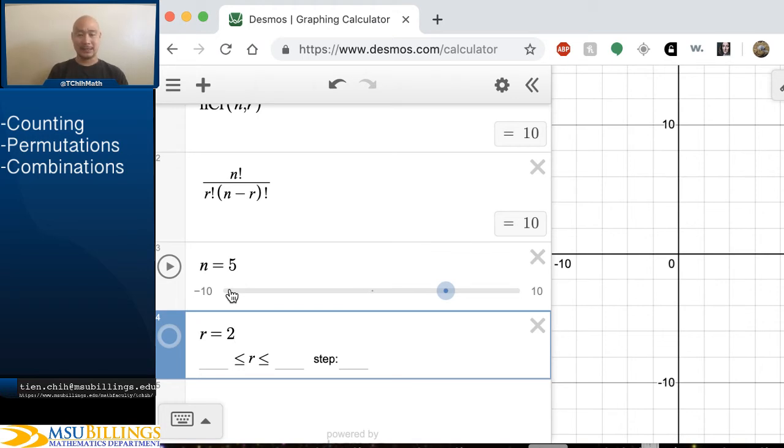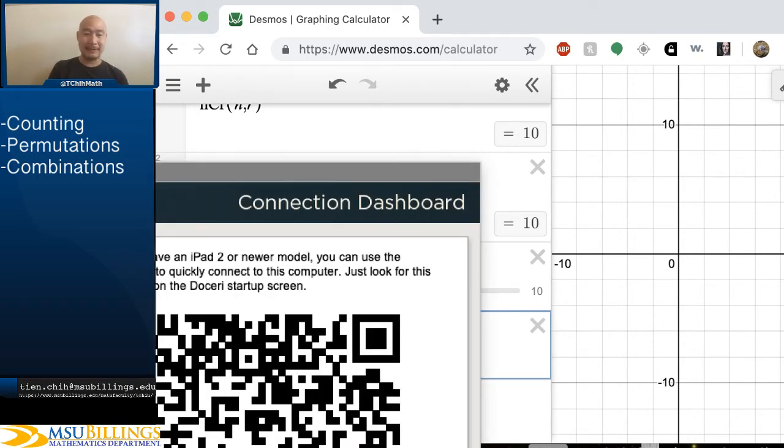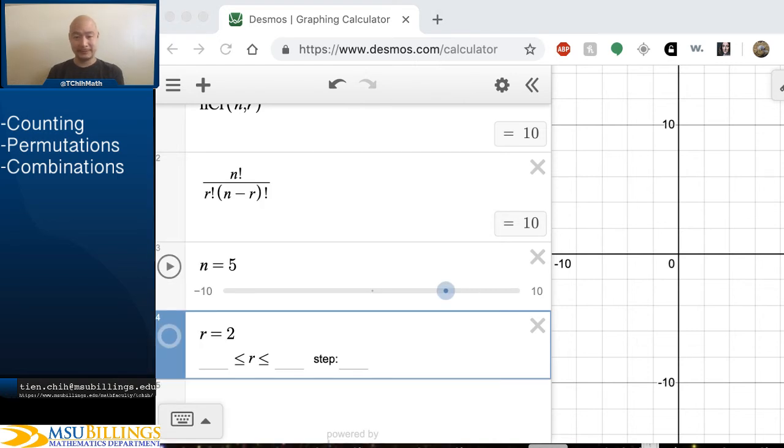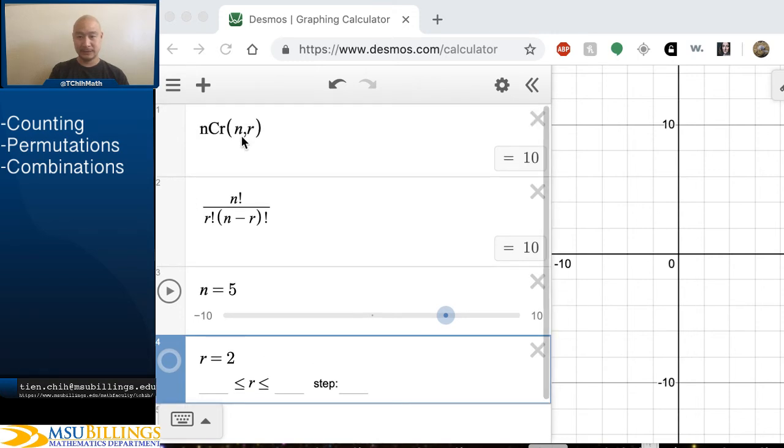Another way to think about it is, all right, if I have 5 objects, A, B, C, D, and E, whenever I pick 3 objects, I'm also picking 2 objects at the same time. So if there's 5 cookies, say I'm going to eat 3 of them, that's the same thing as leaving 2 of them on the plate. All right? And so whenever I make a selection of k or r objects, I'm also making a selection of n minus k or n minus r objects.